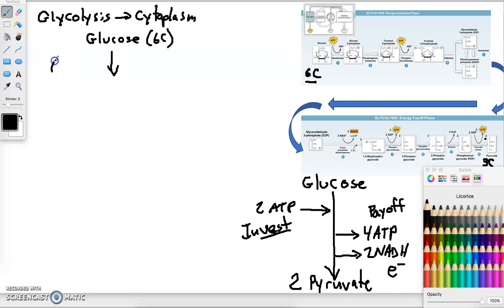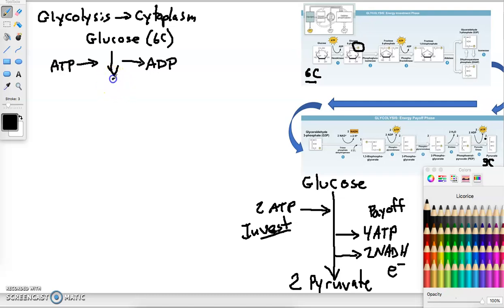What you need to understand is that we are going to use ATP and we're going to get ADP out of it. What's happening is that a third phosphate group gets added to this molecule right there. We call that phosphorylation. So we're phosphorylating our glucose molecule into a molecule we call glucose 6-phosphate. That costs us 1 ATP.